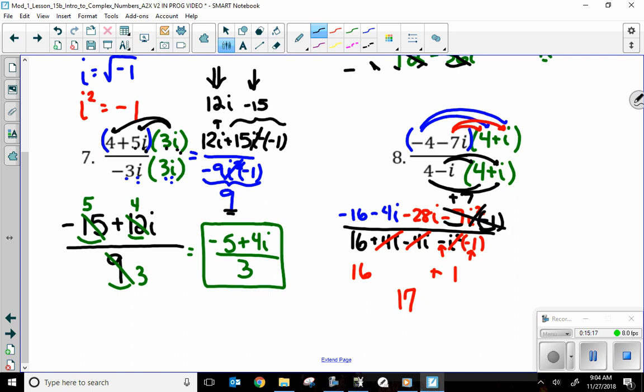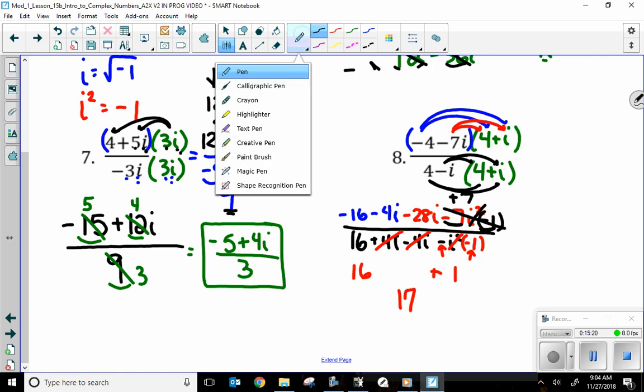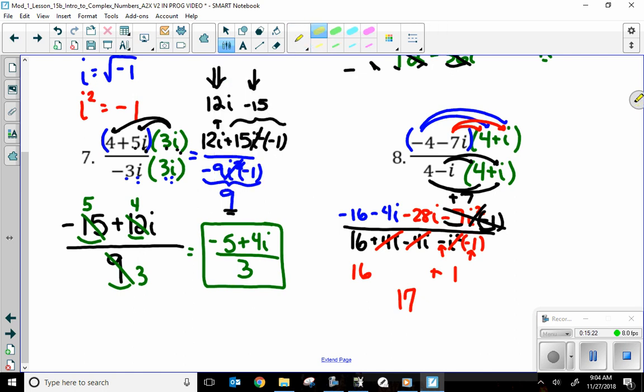Now I'm going to combine like terms. I have negative 16 and positive 7, which give me negative 9.